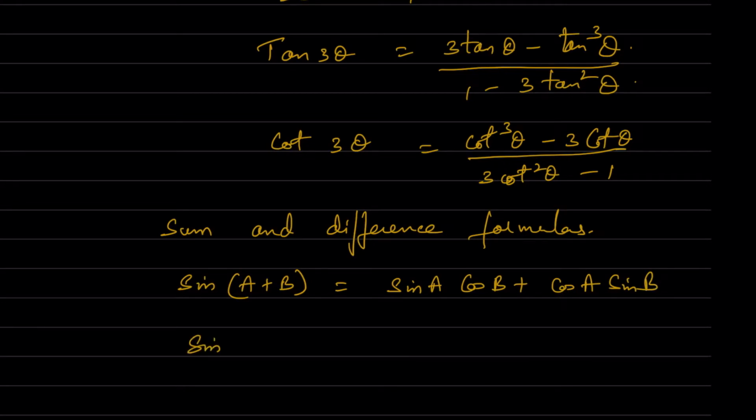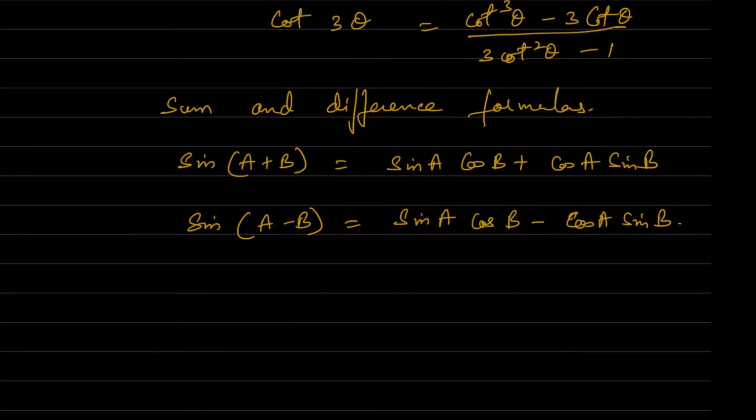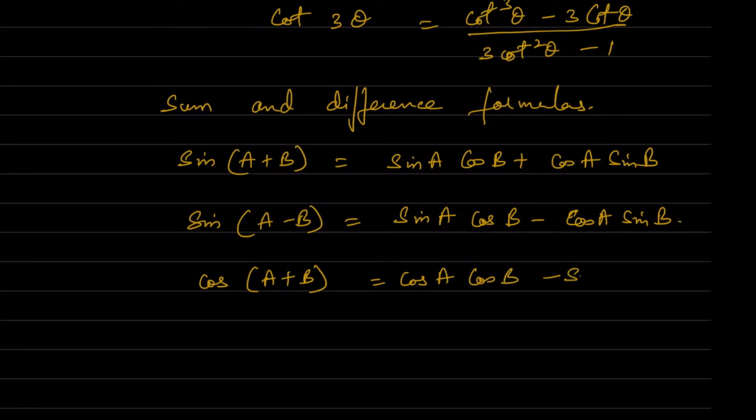Next we have sine of a minus b. So sine of a minus b is equal to sin a cos b minus cos a sin b. Then we have cos of a plus b, which is equal to cos a cos b minus sin a sin b.